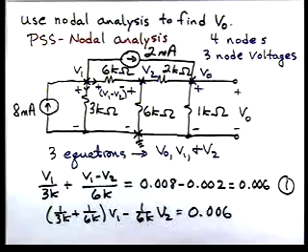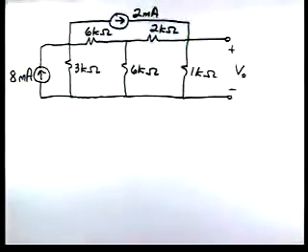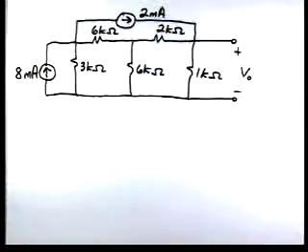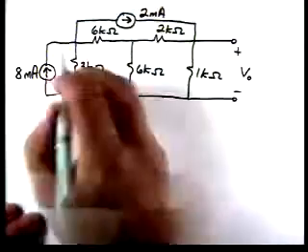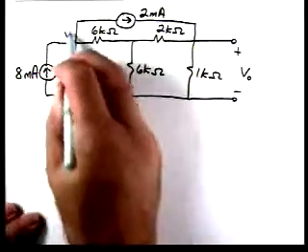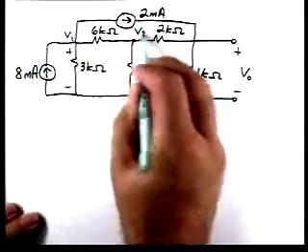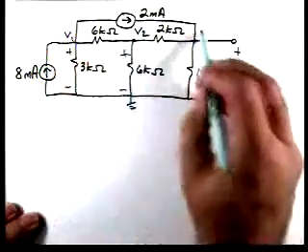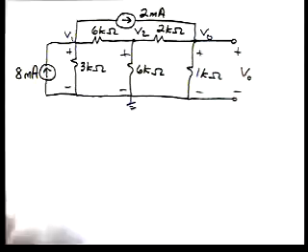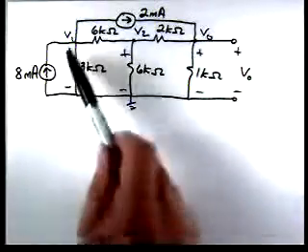Now we're going to repeat the same at the other 2 nodes. Okay, so here's our circuit again. Again, let's just label things again to refresh our memory. Okay, we've already applied KCL at this node.